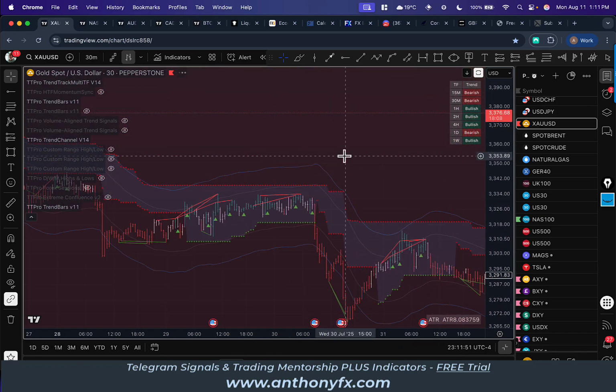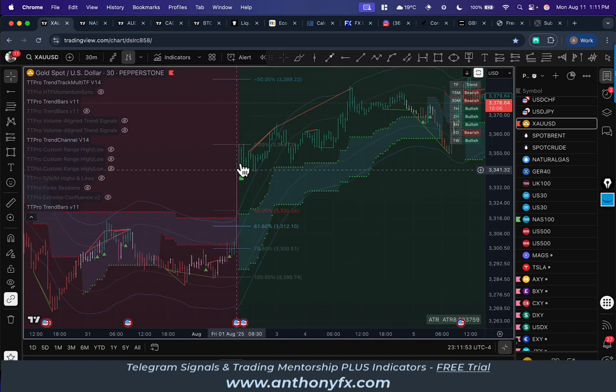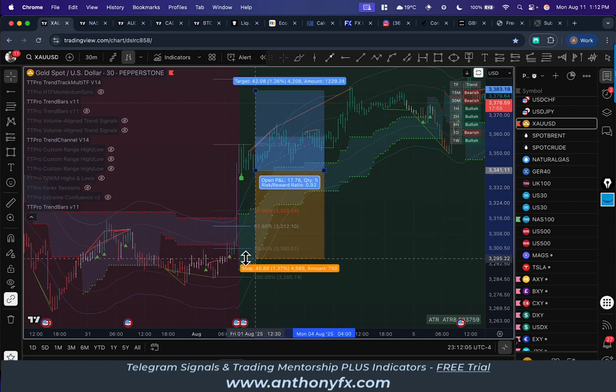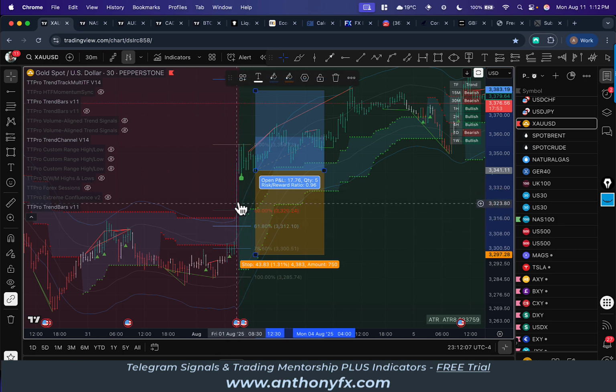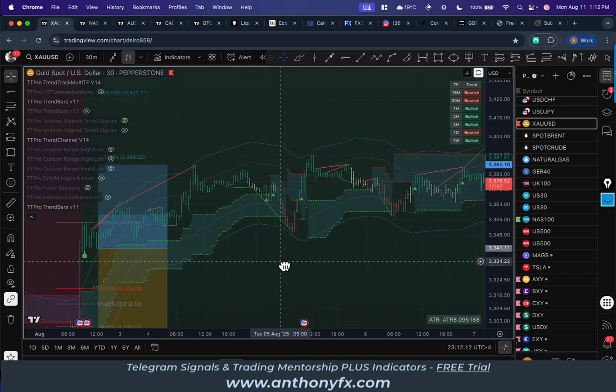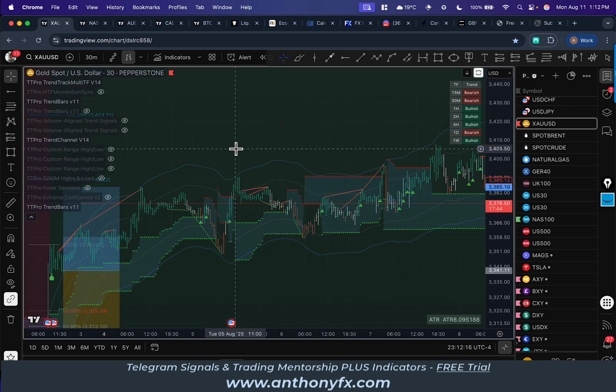You don't want to be chasing price up in here and then get taken out. If you do decide to go long right there, which I wouldn't advise, your stop loss has got to go under that fair value gap for sure, and then you're going to reduce your target. That's a 1R, maybe a little bit more.